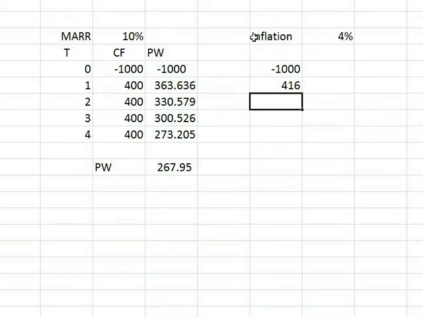That's 416. And then if we make the assumption that inflation is the same amount every year, then the next year we're going to have 4% for the previous year plus 4% in the second year. That's 1.04 squared. So these $400 would translate into 400 times 1.04 raised to the 2.